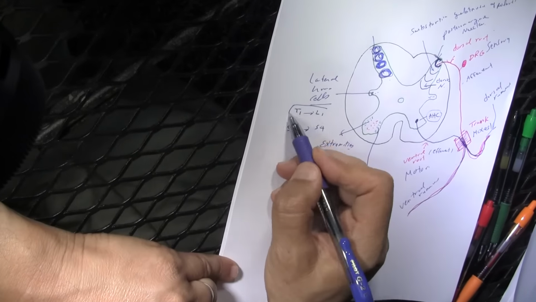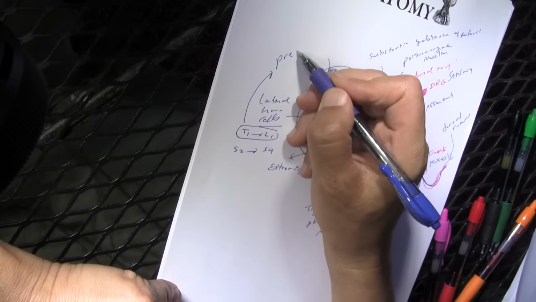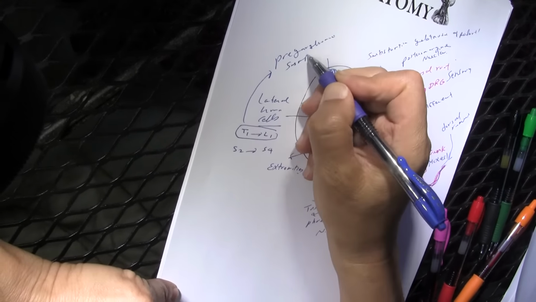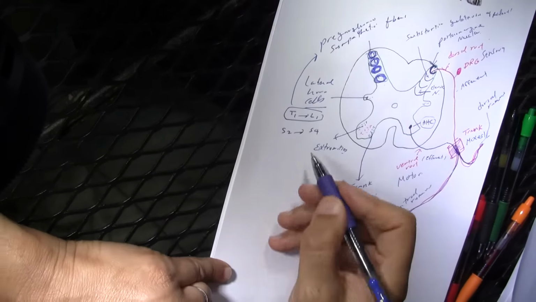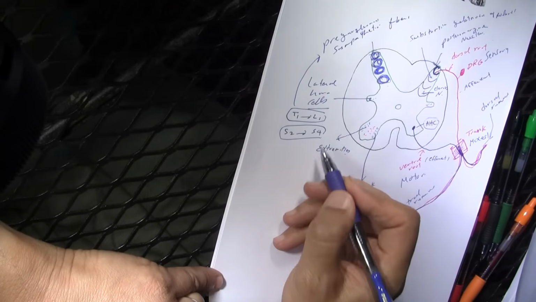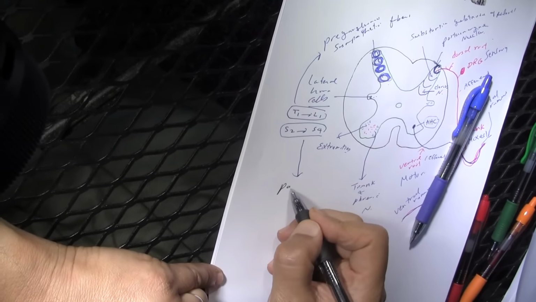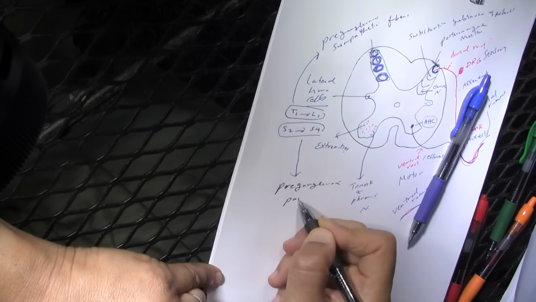So thoracic 1 to lumbar 1, this is the origin of preganglionic sympathetic fibers. Sacral region, this is the origin of what? Again, preganglionic parasympathetic.